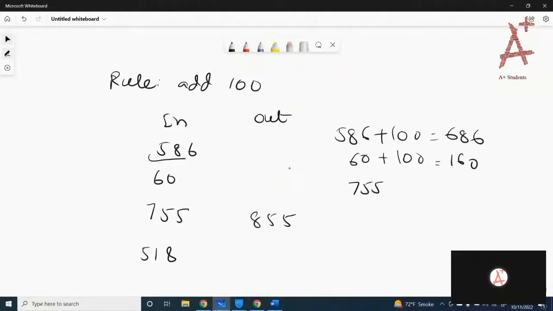Then 755 plus 100 is, just add 1 to the hundreds digit. 7 plus 1 is 8, and 5 plus 0 is the same number. So the missing numbers are 686, 160, and 855. 518 plus 100 is 618. Got it?